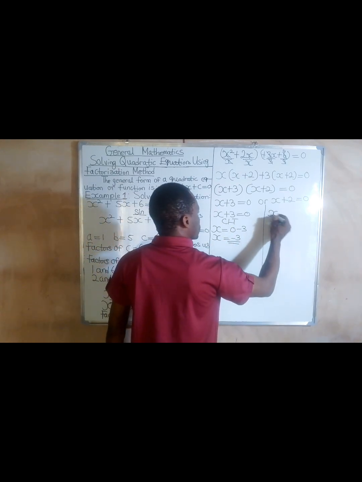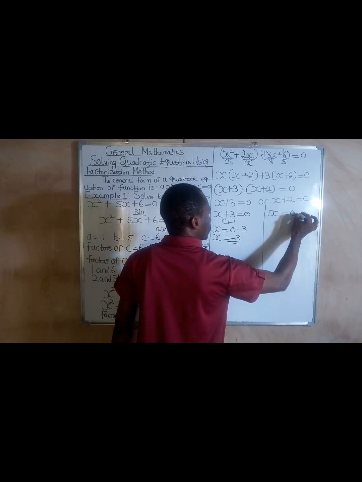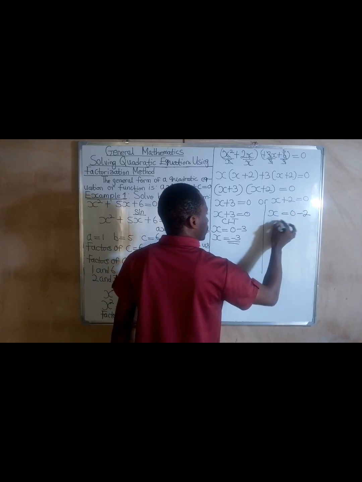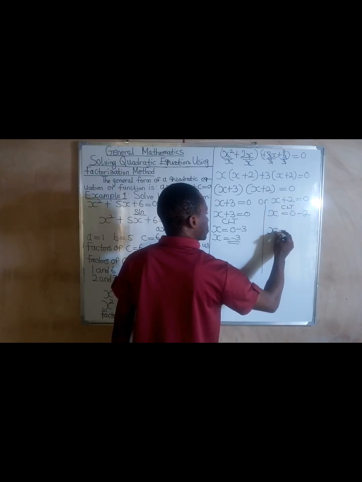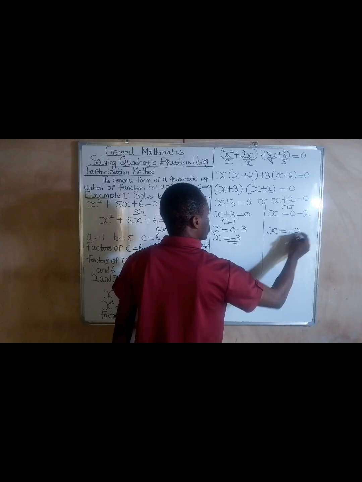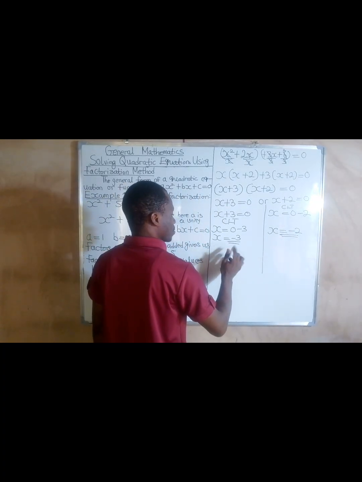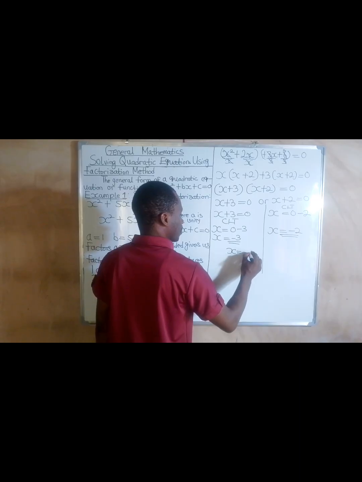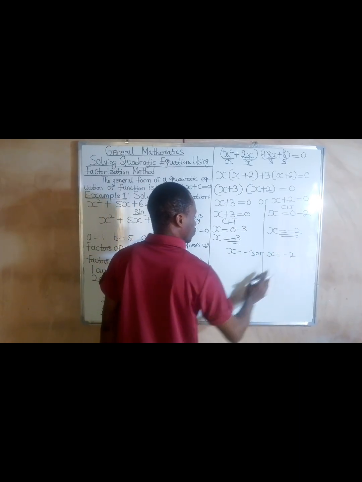Now we have x plus 2 equals 0, so x is equals to 0 minus 2, which is minus 2. So the two answers we have are x is equals to minus 3, or x is equals to minus 2.